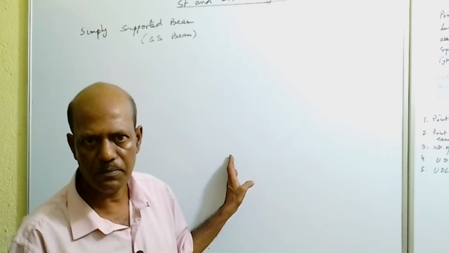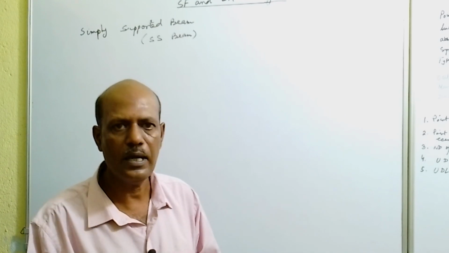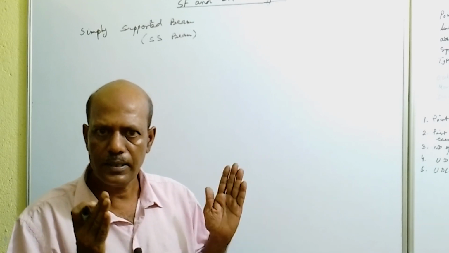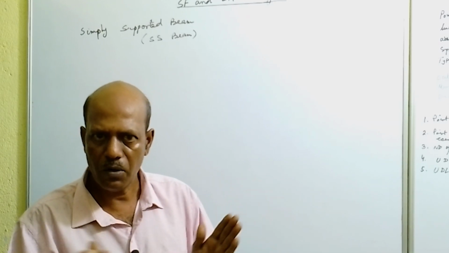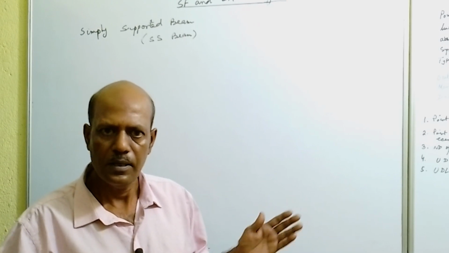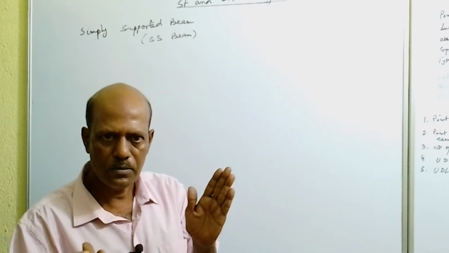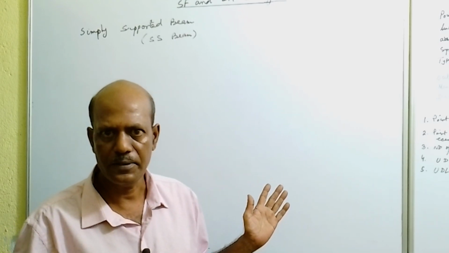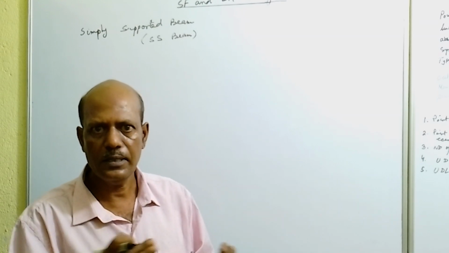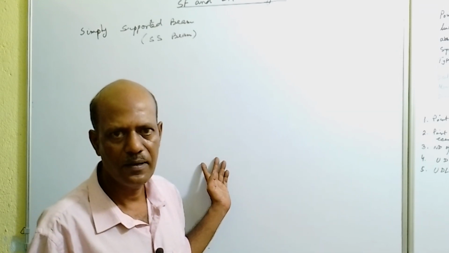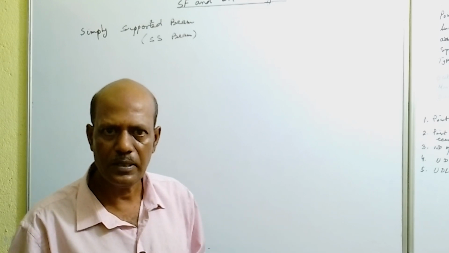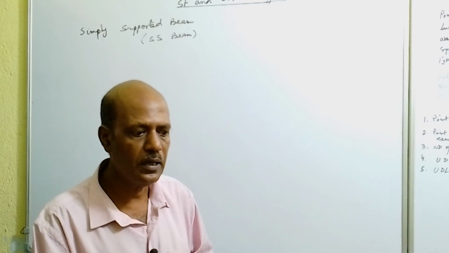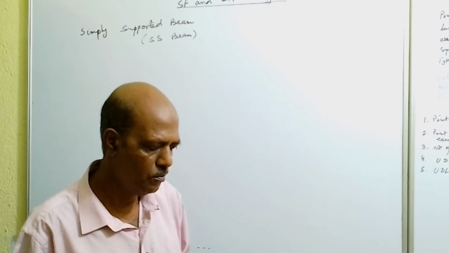But in case of simply supported beam, first we have to calculate RA and RB, and then calculate the shear force and bending moment at the respective sections, that is XX, YY, or it may be more number of sections. Then slide the section to its right point and to its left point where the load variation is taking place. Then that information you have to plot on the paper. So that will be your shear force and bending moment diagram. For this you also require to remember the sign convention, which is also most important.